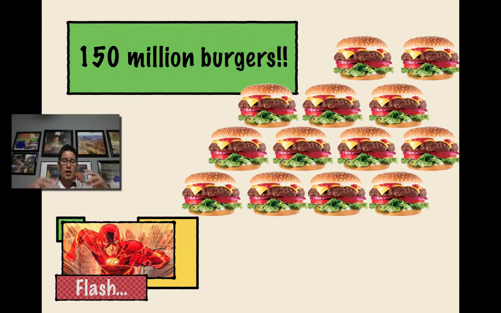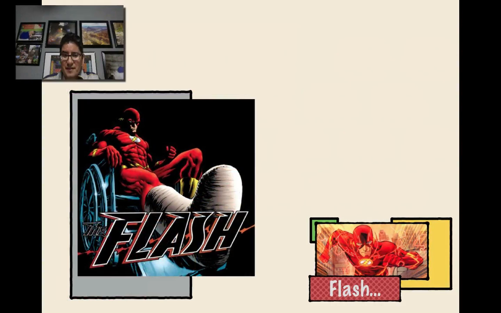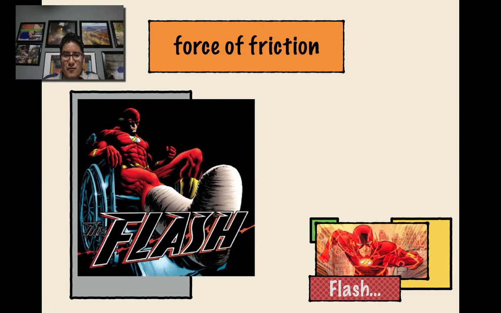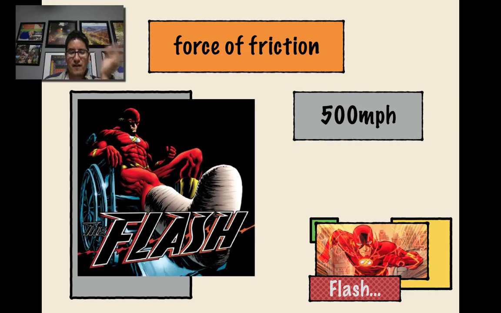And again, we're assuming that friction is not an issue, so none of the energy is being wasted in friction, because that would be a whole other problem in and of itself, the force of friction. Because as fast as he's going, let's say he was going 500 miles per hour, how much energy would that require for him to stop?